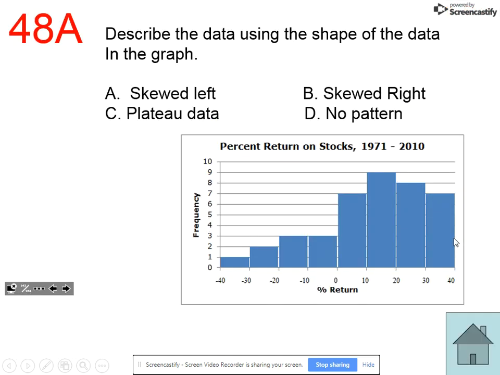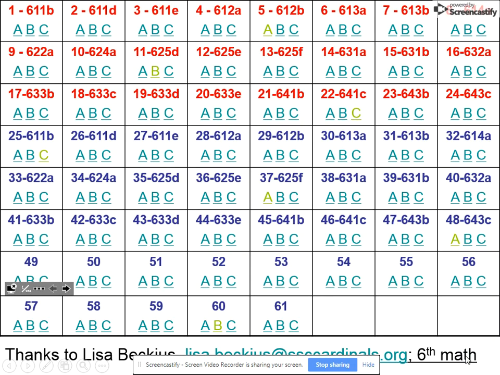48A, describe the shape of the data in the graph. This is skewed right, okay, because most of the data is on the right. If you got it correct, leave it alone. If you got it incorrect, please go ahead and put an X next to 48A.